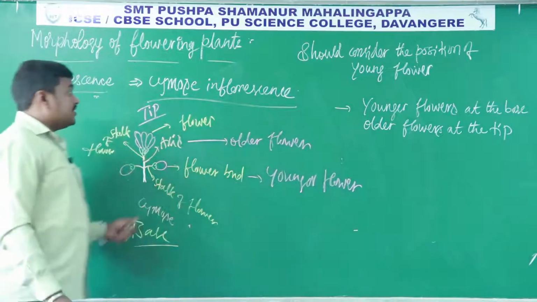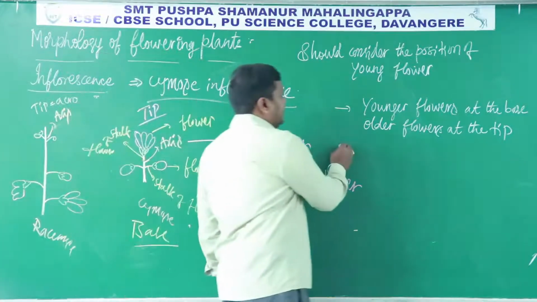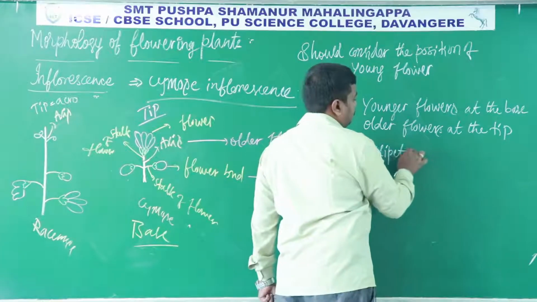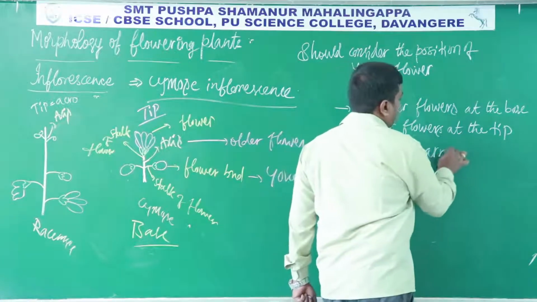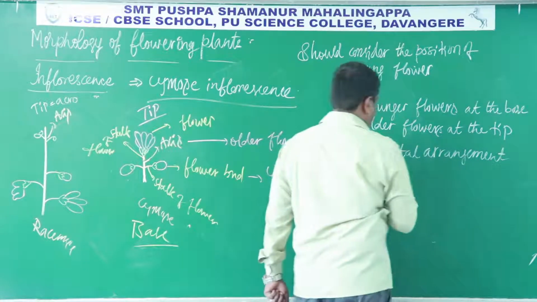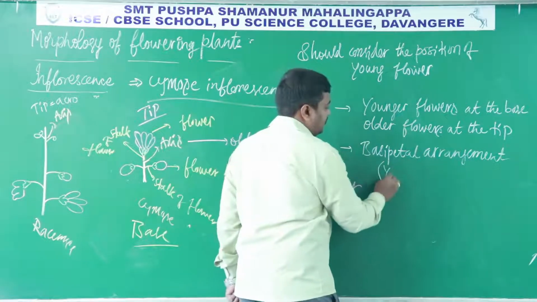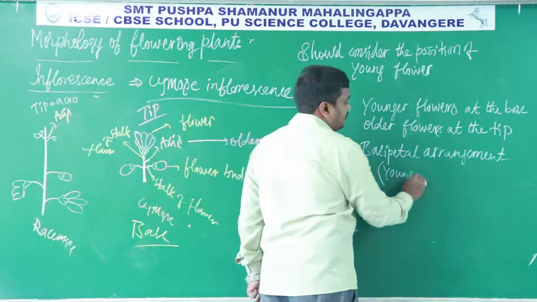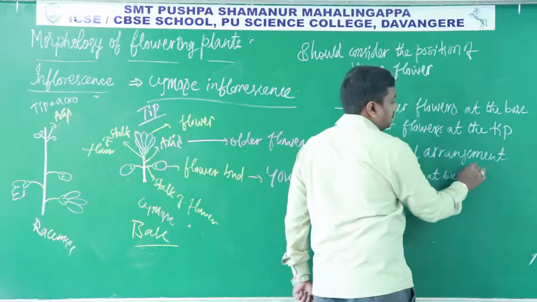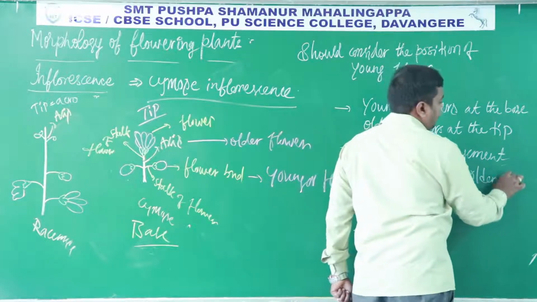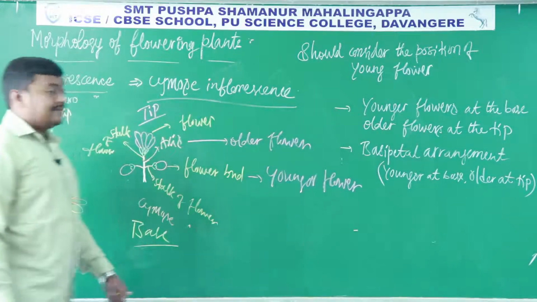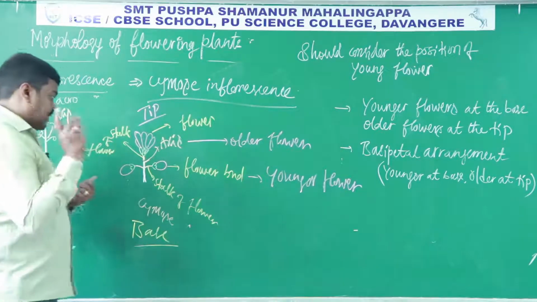Such arrangement is called basipetal arrangement or basipetal succession. So what is that basipetal? Younger at base, older at tip. So that is called basipetal arrangement, and you can observe here.